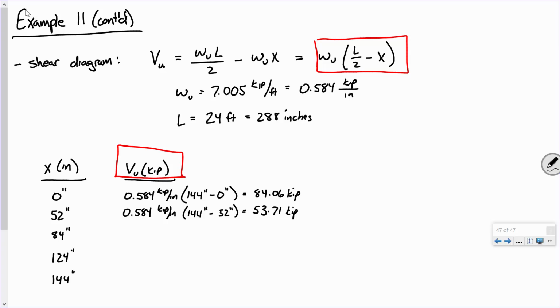So the next three, let's see, this one comes out to be 35.03. This one comes out to be 11.68. Anybody tell me what the last one's going to be? 0. Yes. Do you all see how I'm doing that?